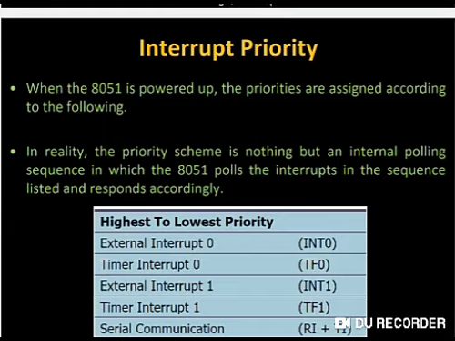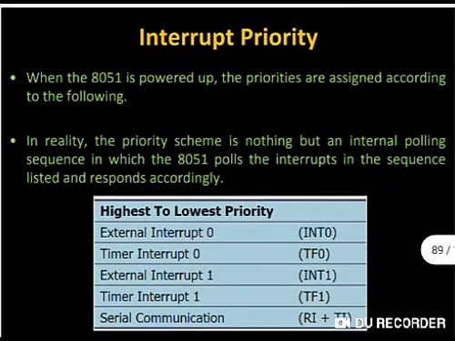Interrupt priority can be adjusted in the 8051. During power on, a default priority is assigned to every interrupt. If you look at the table, from highest to lowest priority, external interrupt 0 has the highest priority, timer 0 is next, external interrupt 1 is third, timer interrupt 1 is fourth, and serial communication is the last priority.